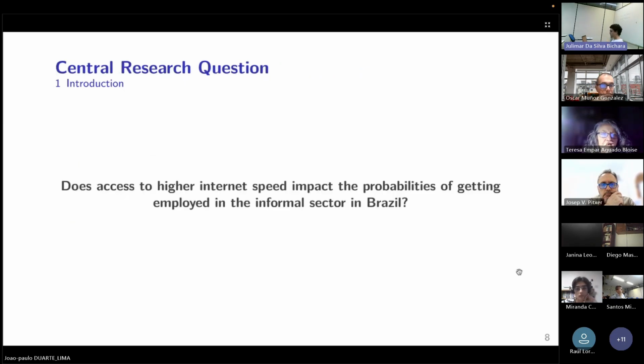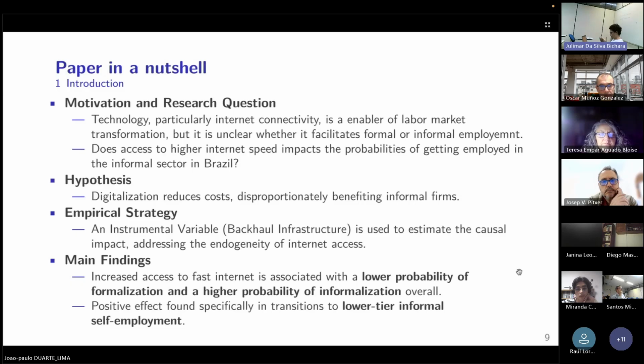So the central research question here is, does access to high internet speed impact the probability of getting employed in the informal sector in Brazil? In a nutshell, the motivation is that technology, particularly internet connectivity, is an enabler of digital transformation, but it's unclear whether it facilitates formal or informal employment.